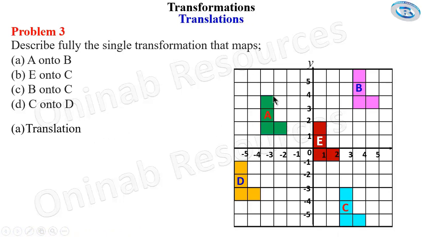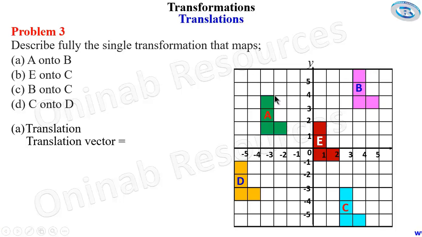Then we now get the translation vector. So to get the translation vector, we pick one of the vertices. We are picking this. And when we pick this now, it is in line with this. This vertex corresponds to this vertex.